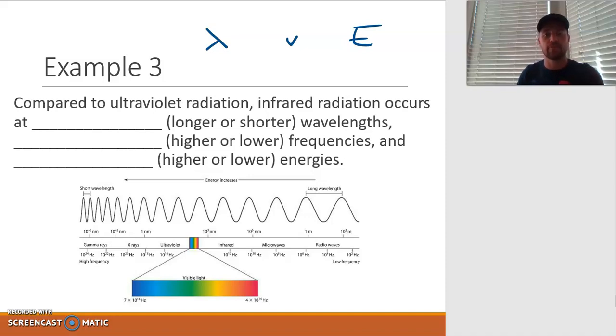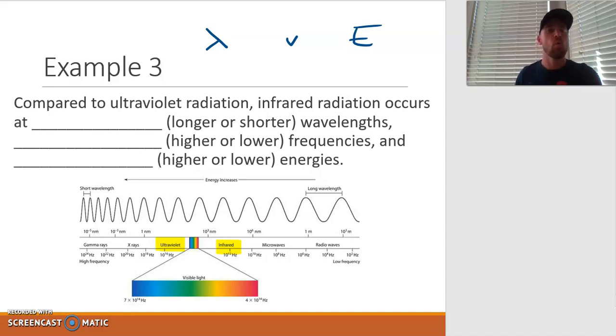We're going to look at wavelength, frequency, and energy. And I have down here the electromagnetic spectrum again, just so we can refer to it since we're still learning. The question is asking us to compare ultraviolet radiation with infrared radiation. So it says compared to UV, answer the following questions about infrared.